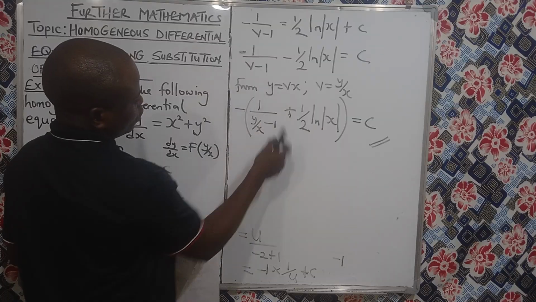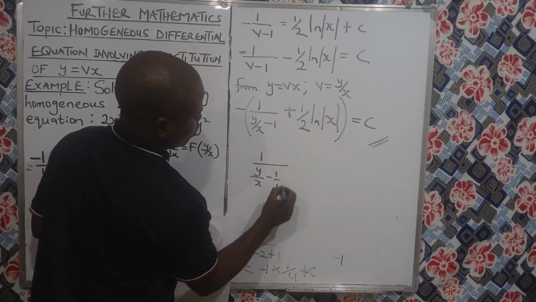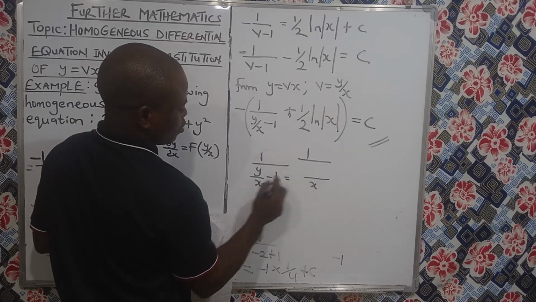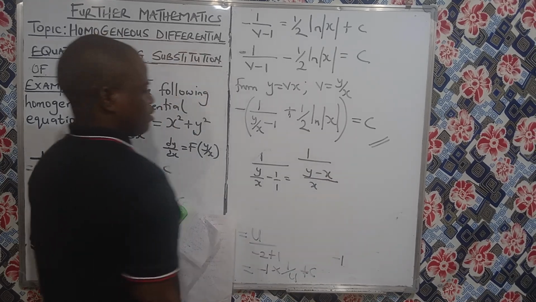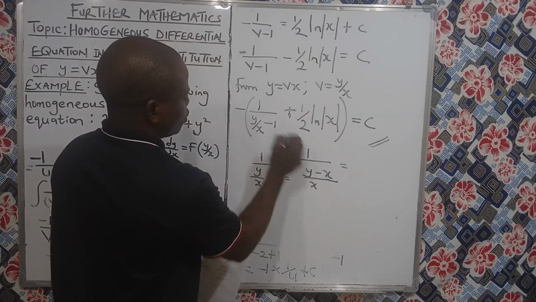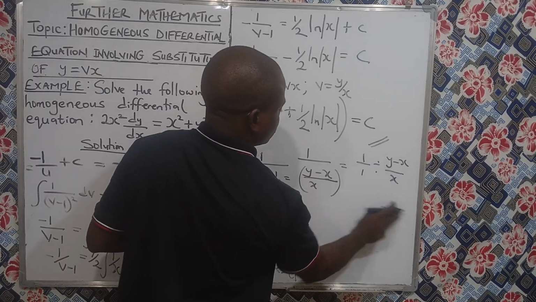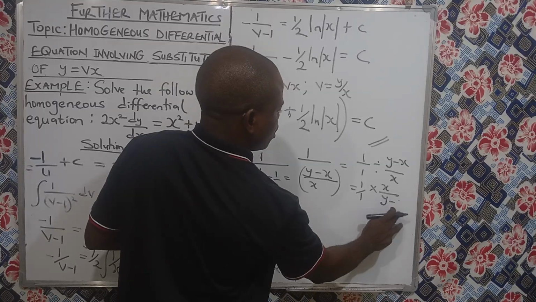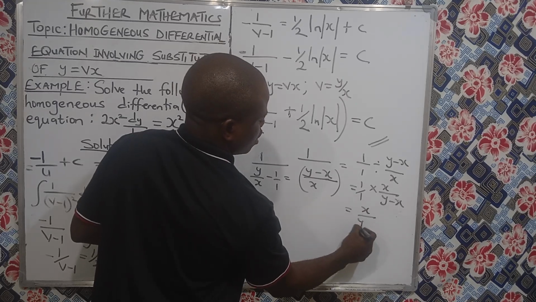Now let's see what we can do with this fraction. We have 1 over y over x minus 1, which is 1 over (x goes in x once, 1 times y is y, minus 1 goes in x times 1, that's x), so 1 over (y minus x) over x, which is 1 times x over y minus x, that is x over y minus x.